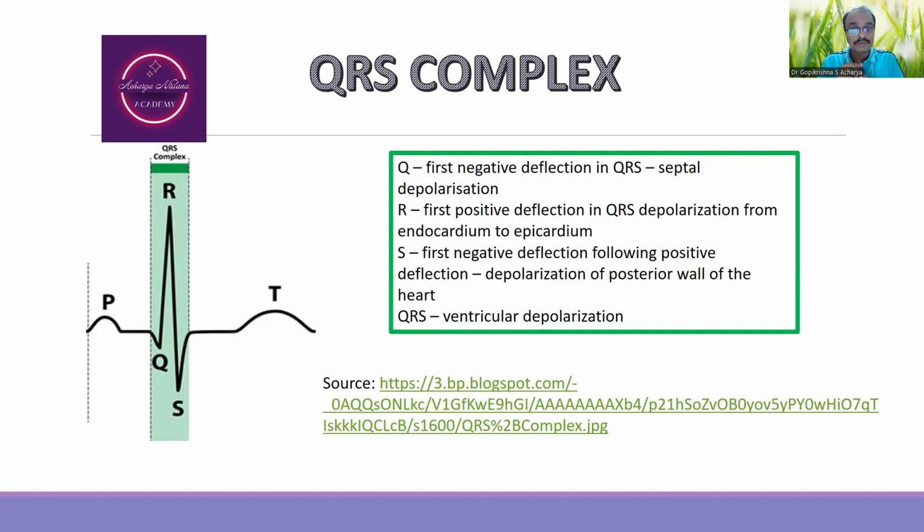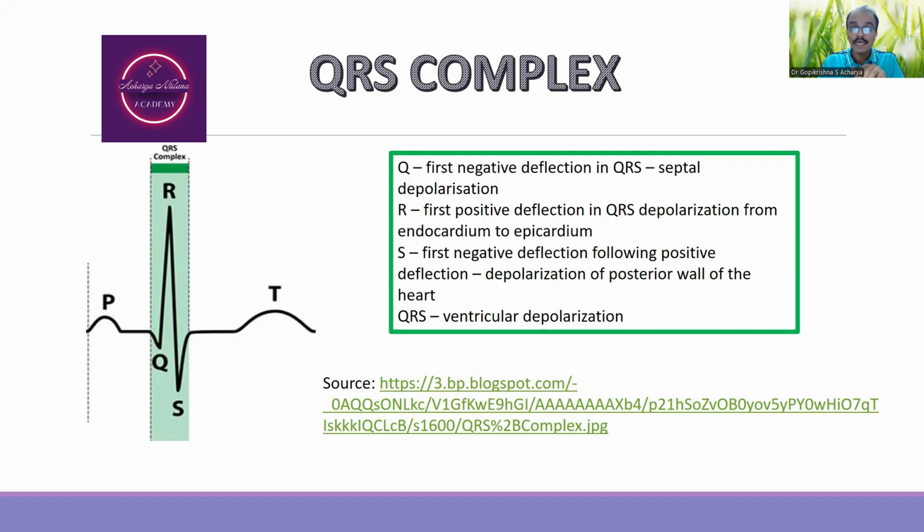Here the Q wave represents septal depolarization, whereas the R wave represents the depolarization activity spreading from endocardium to epicardium, and the S wave represents the depolarization of the posterior wall of the heart.